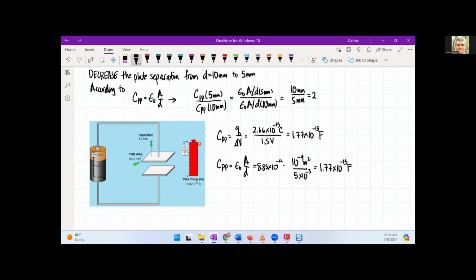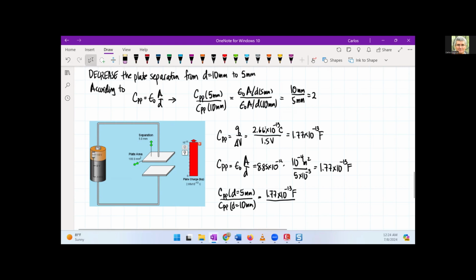So what I want to compare now is the capacitance for a separation of 5 millimeters to the capacitance of D equals 10 millimeters. And we've computed these values already. The one for 5 millimeters is 1.77 times 10 to the minus 13 farads.